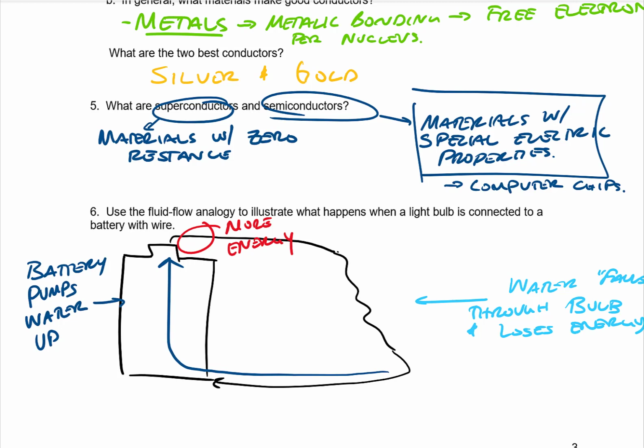And that loss of energy is what we see as light. Now it's heat and light coming out of there. And then it starts and flows back through again.